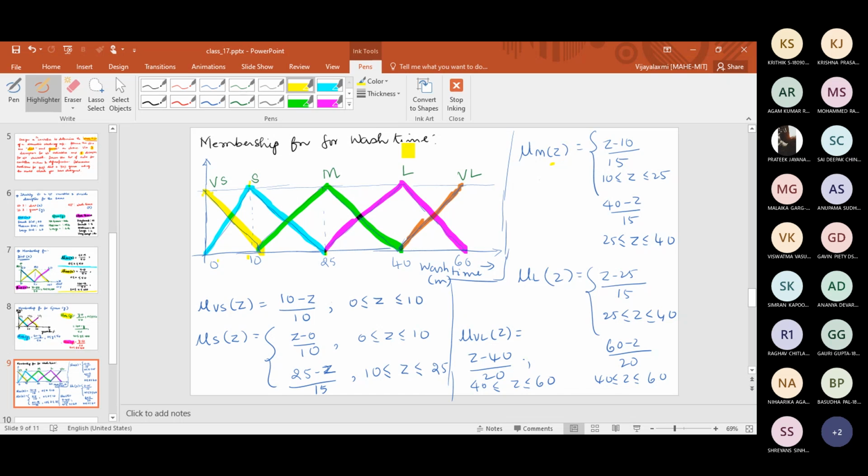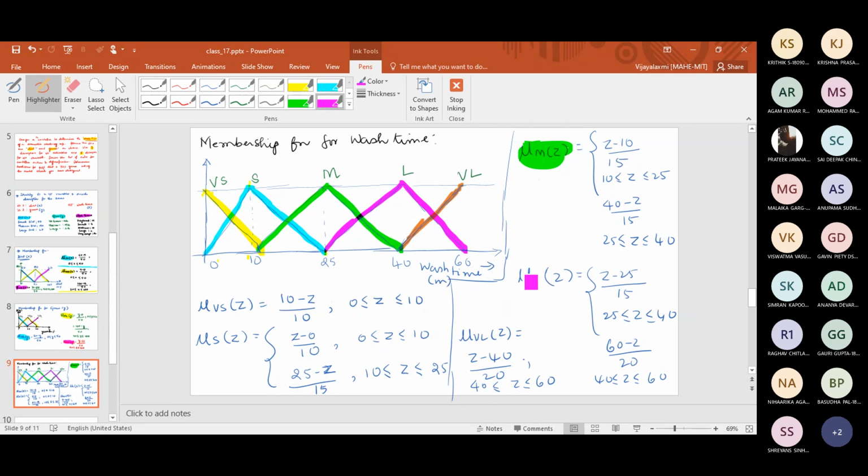Then comes the medium. For the medium, it is (z minus 10) by 15, and the other one is (40 minus z) by 15. Then comes large.